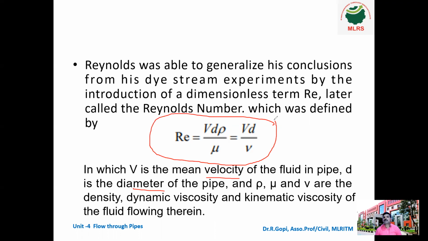If the problem gives only mu, you have to use one formula; if it gives only nu, you use the other. It depends on what the question gives. Please remember the formulas: Re = V d rho divided by mu, or Re = V d divided by nu.